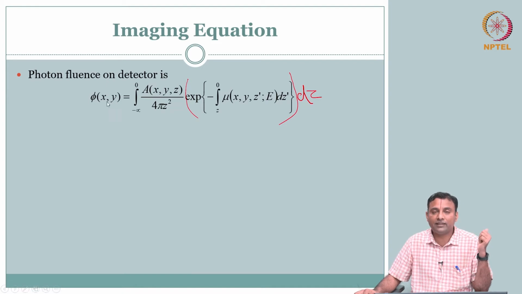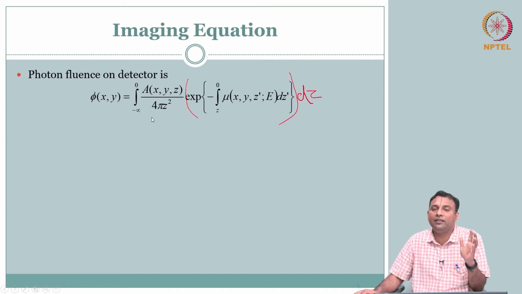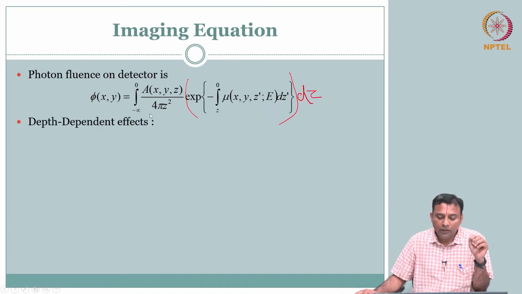Of course, when we started, we conveniently said the source is an X-ray tube, so I_S was a delta, whereas here that integration is not simplified. So we get something simplified, but certain other things are not simplified. You notice two effects here which are depth dependent.